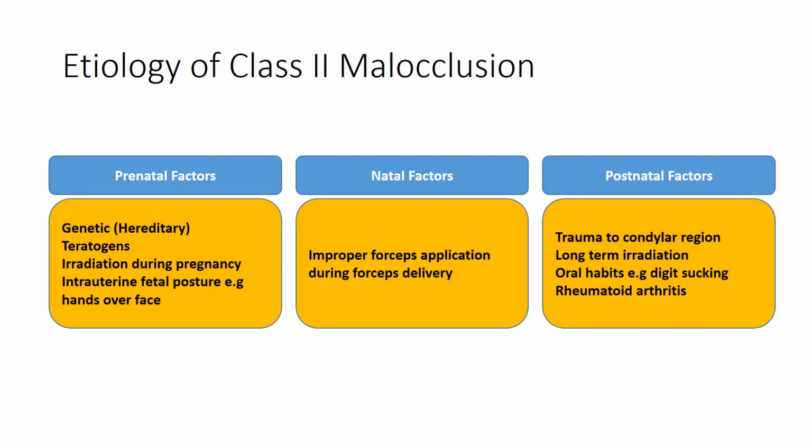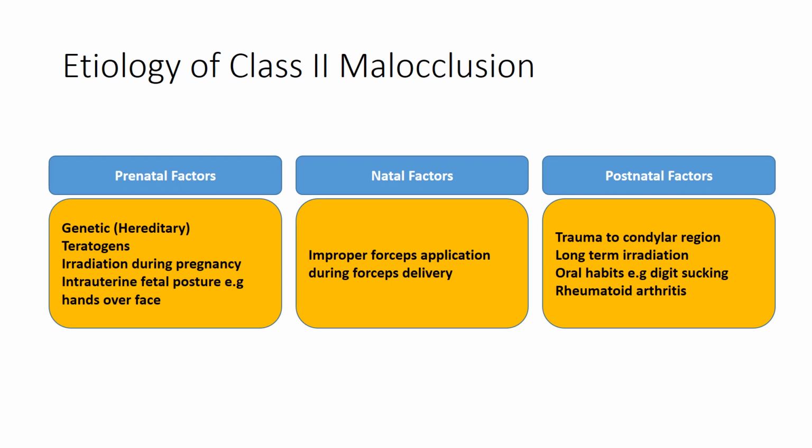Now, what is the etiology of a class 2 malocclusion? You can broadly divide the factors into three groups: prenatal factors, natal factors and postnatal factors. Prenatal factors can be genetic or hereditary factors, the action of teratogens, irradiation during pregnancy, or intrauterine fetal position.